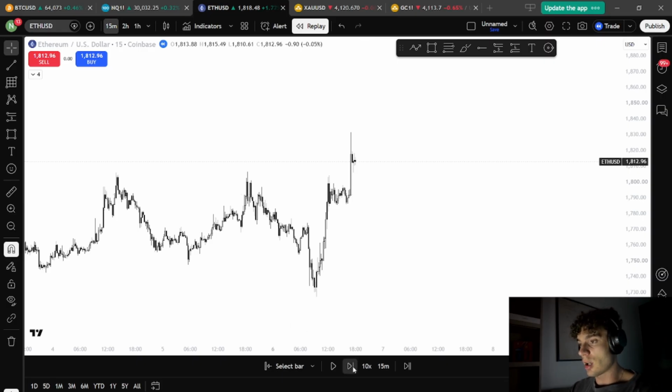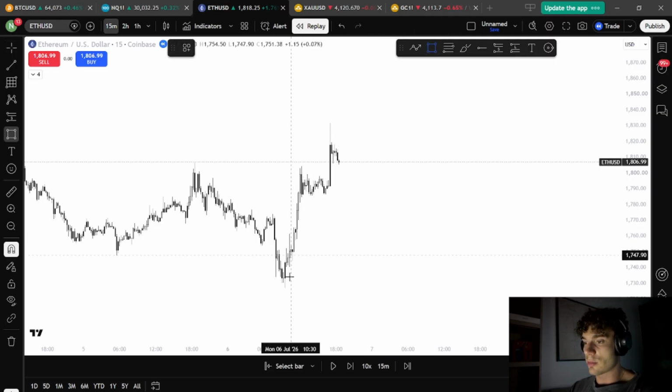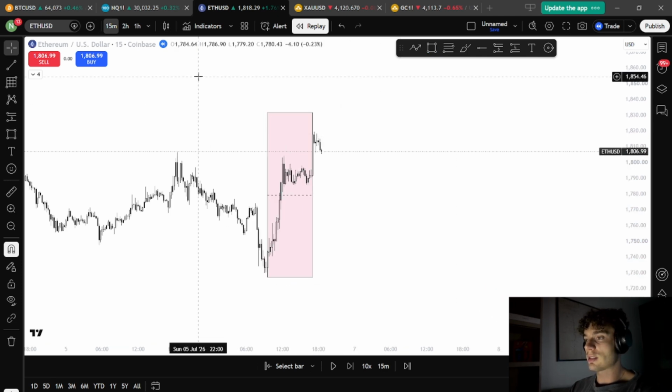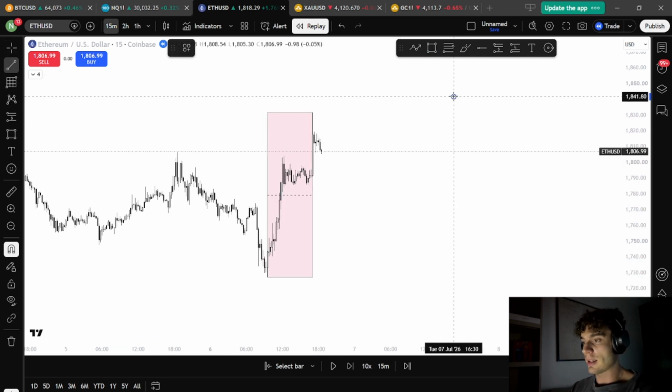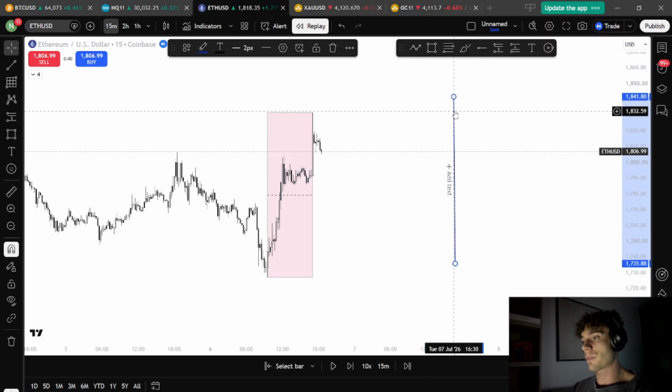But for example, I want to show you here. This here I picked up as a range, this area. Now if you imagine this, for example, as a line, this is going to be 0, this is going to be 100.